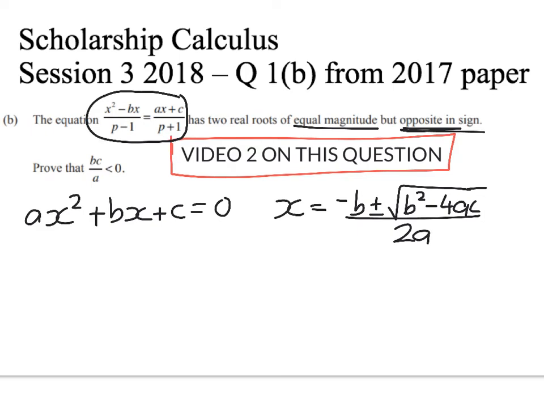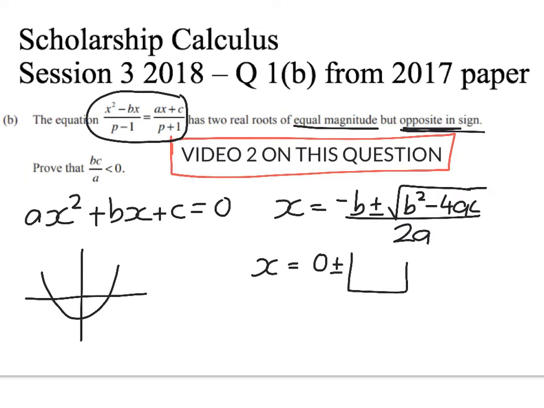But to generate two roots that are equal but of opposite sign, we know that we must have x is equal to 0 plus or minus all of this. So that means that b, our coefficient on x, is equal to 0.